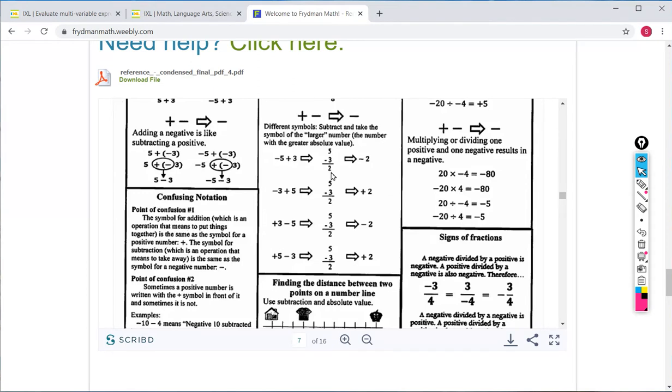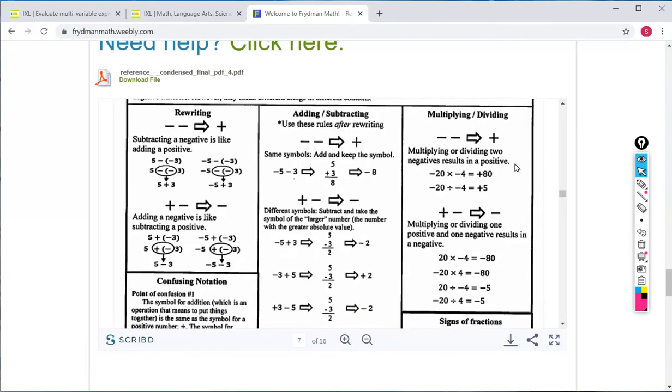We take the symbol of the larger absolute value, so we're comparing 5 and 3. 5 is bigger, ignoring the negative. So we take the symbol in front of that 5, which in this case is a negative, and put that here. So the answer there would be -2.